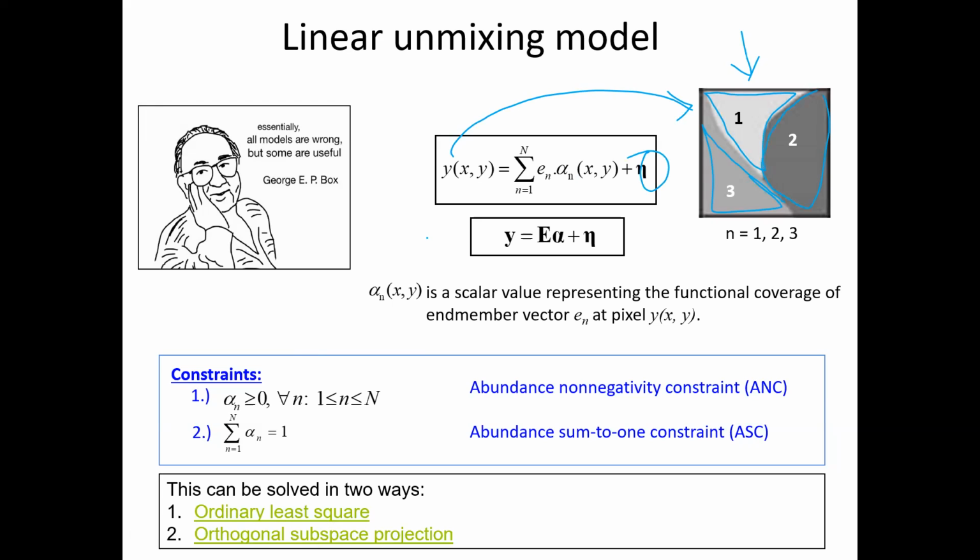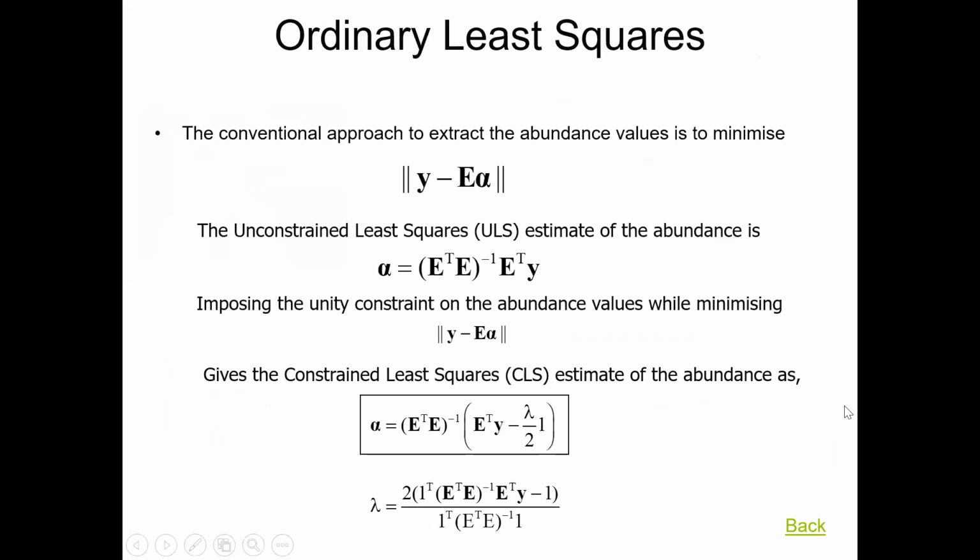One is the non-negativity constraint, which says that none of the classes can be negative, and the other is the sum to one constraint, which says that if you add up all the proportions of the different classes in a pixel, it should equal 100%. The earlier paper I'm talking about used ordinary least squares to solve the problem, and here alpha is the proportion of a class in a given pixel.